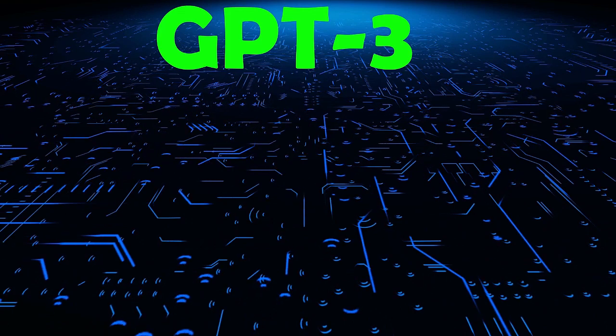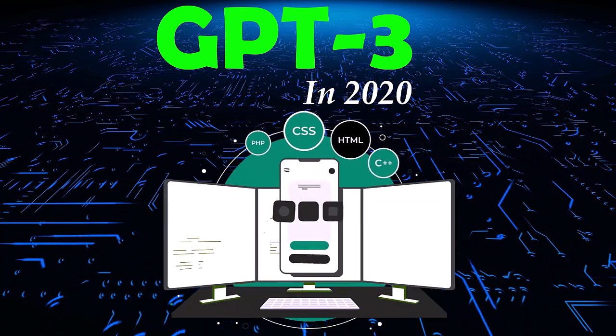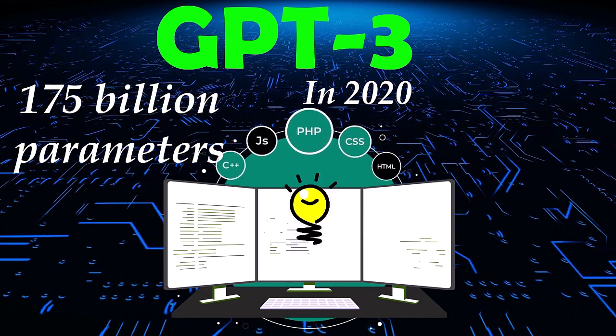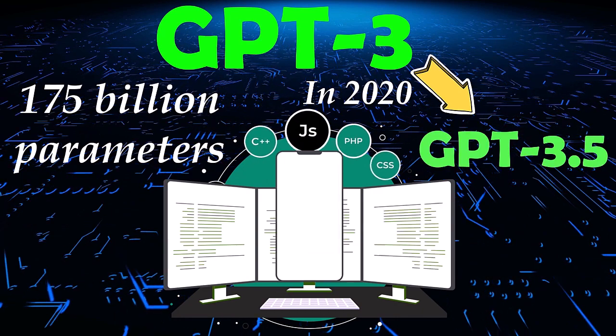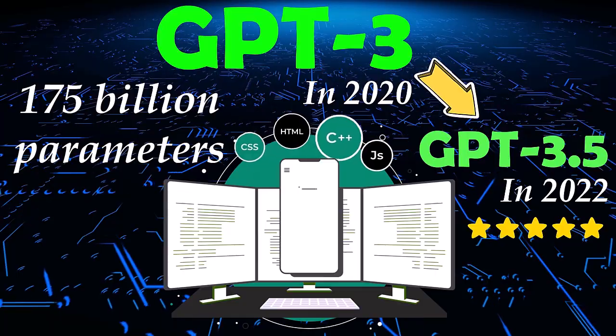GPT-3 was first introduced in 2020 and set a new standard for large language models with 175 billion parameters. It's been fine-tuned with the release of the GPT-3.5 series in 2022, improving its performance and capabilities.